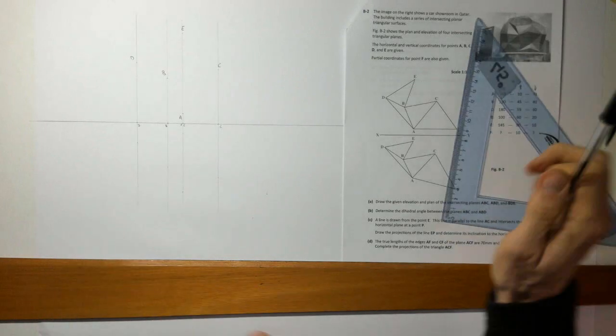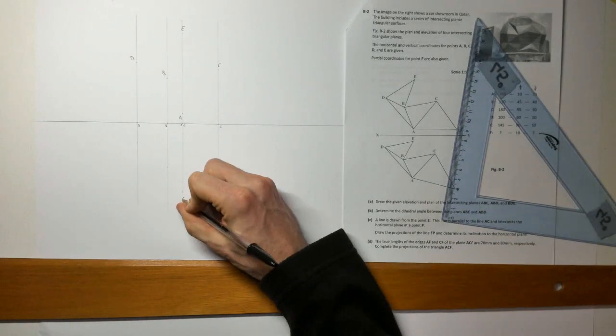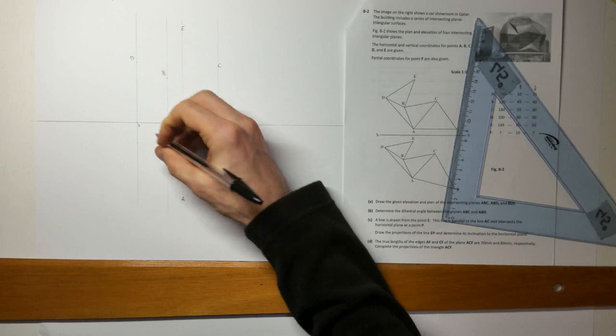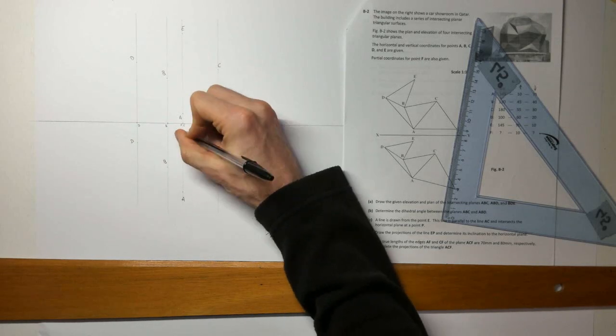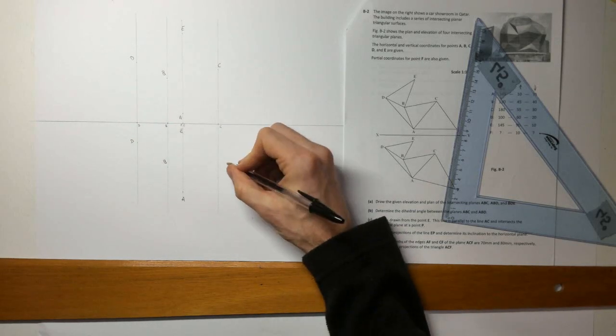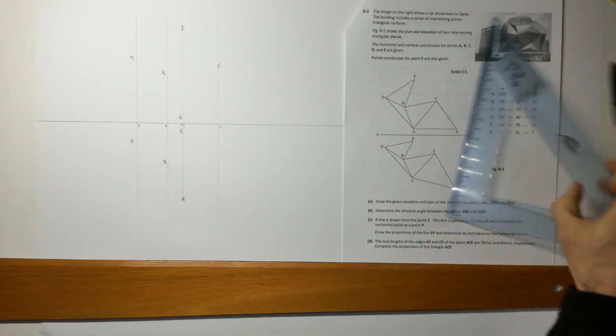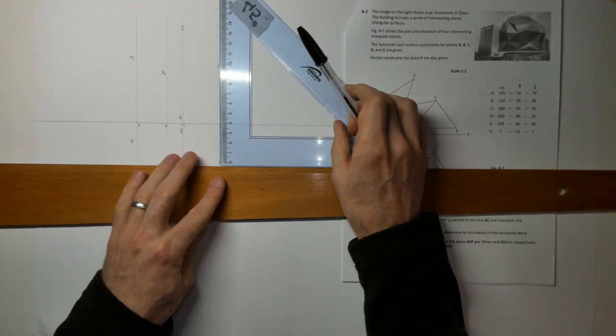That's points again. So A, B, D, E, and sorry, C is 30.